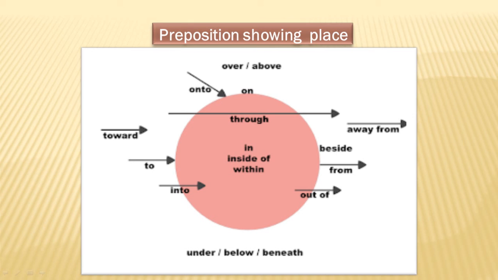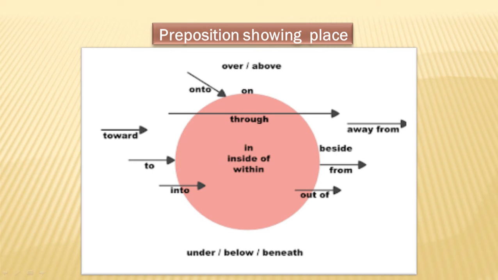If we regard this as an object, over and above is not attached to the object. On is attached to the object. Suppose a cap on your head, that is attached to your head. Onto, something is coming to an object on the upper side.